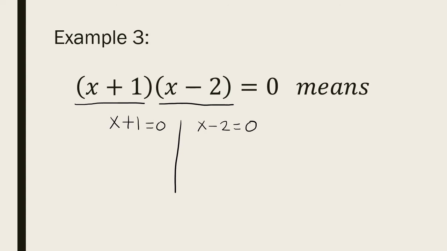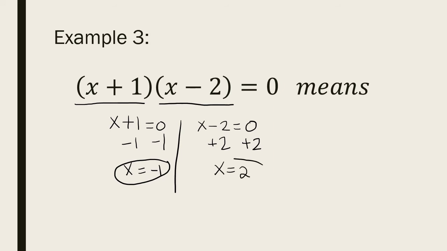To find the solution for this quadratic, I'm going to take away 1 from the first equation to solve it for x, and I'm going to get x equals -1. I'm going to solve the second equation by adding 2 to both sides, and I'm going to get x equals 2. Two solutions, two roots, two x-intercepts, which is -1 and 2.